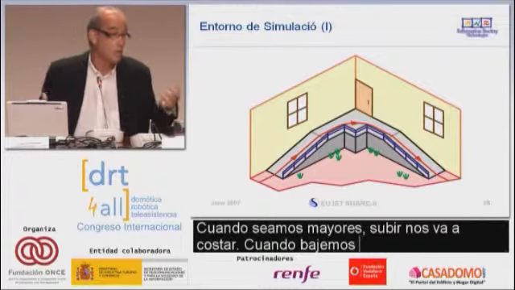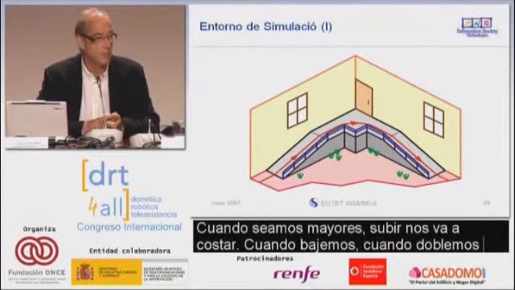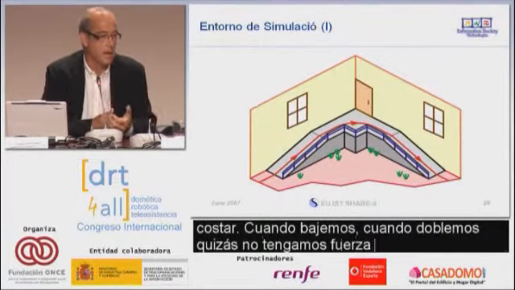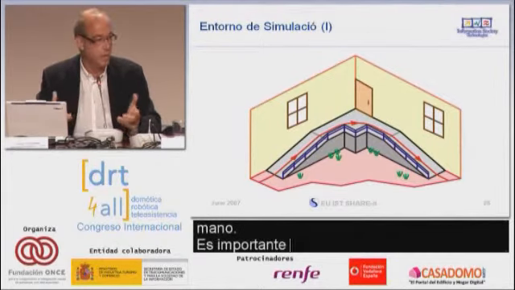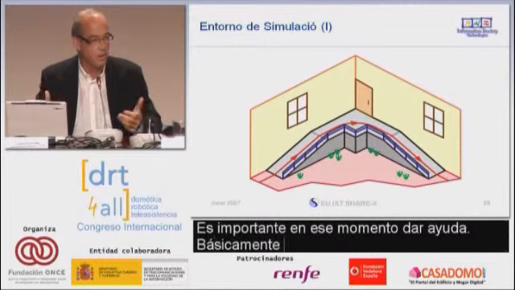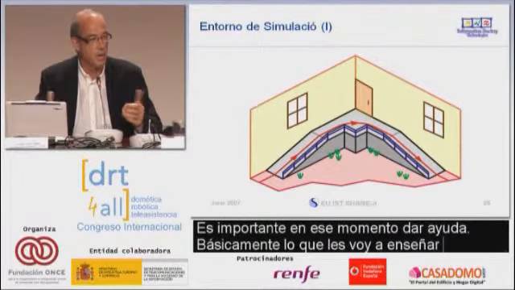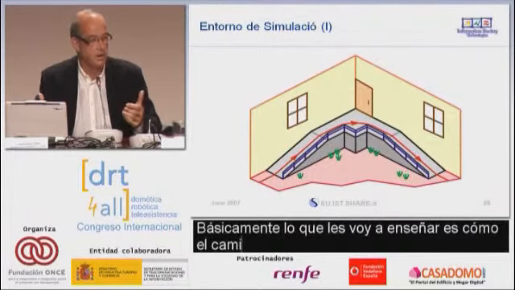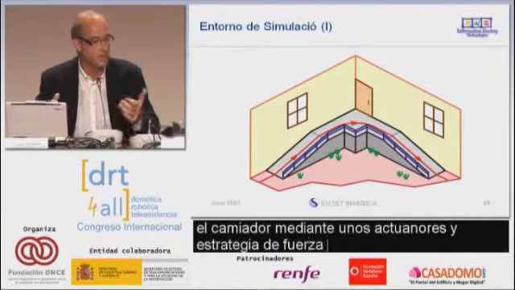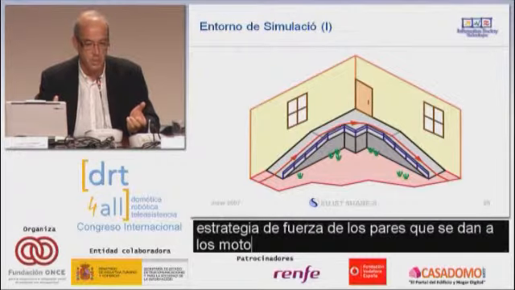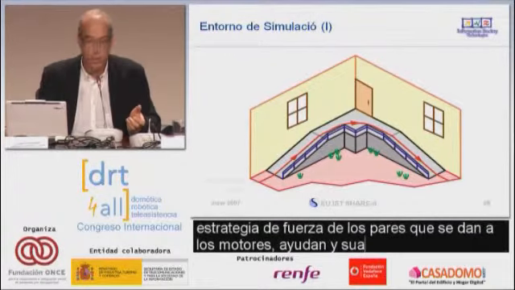When we go downhill or when we turn, we may have a problem with our hand, the hemiplegia, for instance. It may be necessary to provide help. So what I'm going to show you is how this walker, by means of a number of devices and by means of some force strategies with the torques necessary, help the individual carry out a certain task.